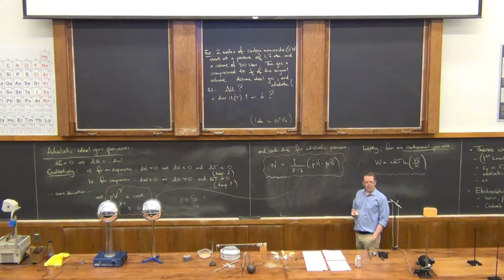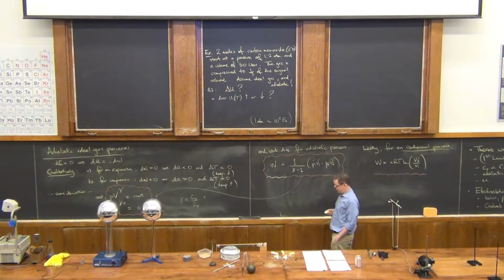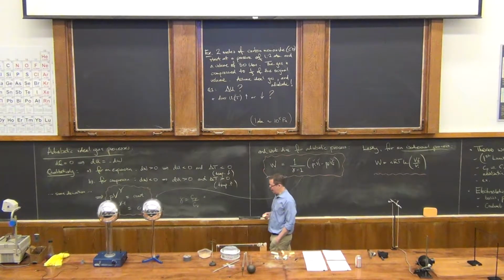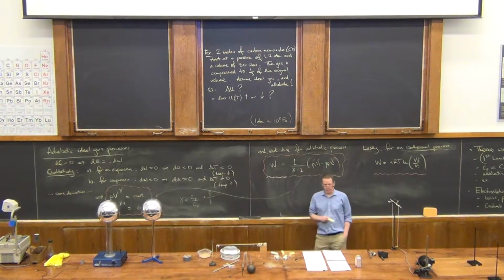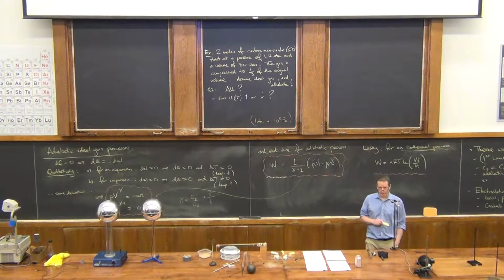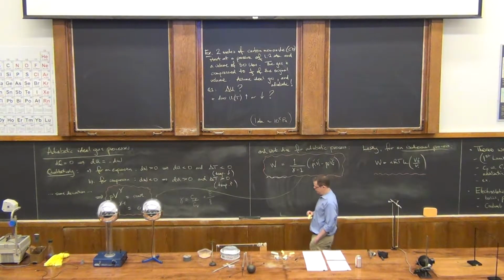We made some comments at the end of last Thursday about typical values of Cv for a diatomic gas. In a plausible temperature range, this is probably 5 halves. Cp is this plus R, or plus 1 if I'm not counting R, so it's 7 halves over 5 halves, which is 7/5. So 1.4 in this case.